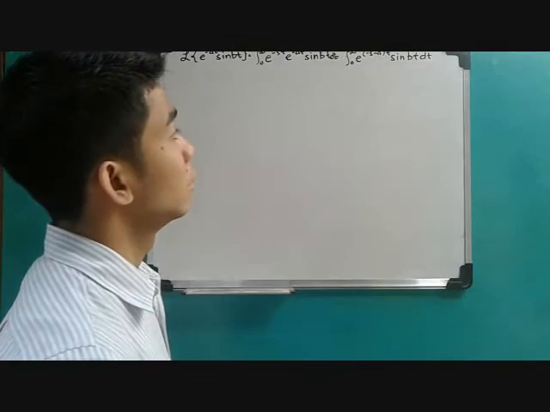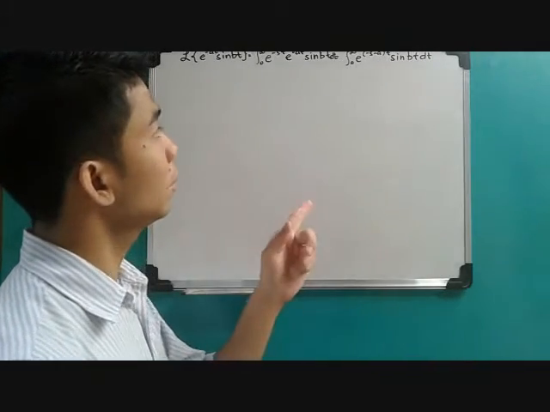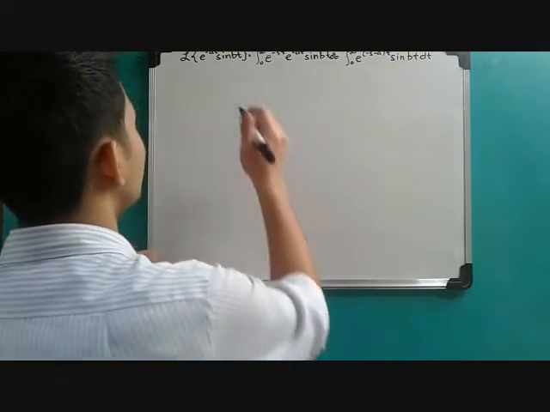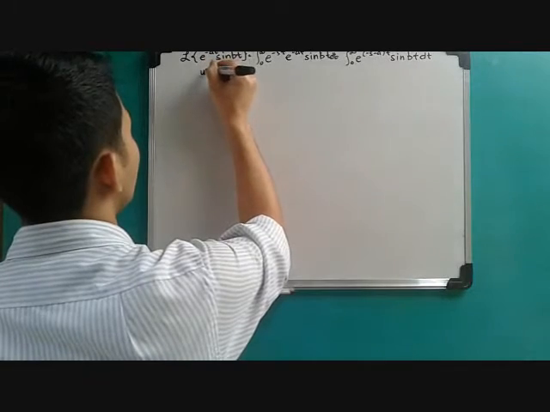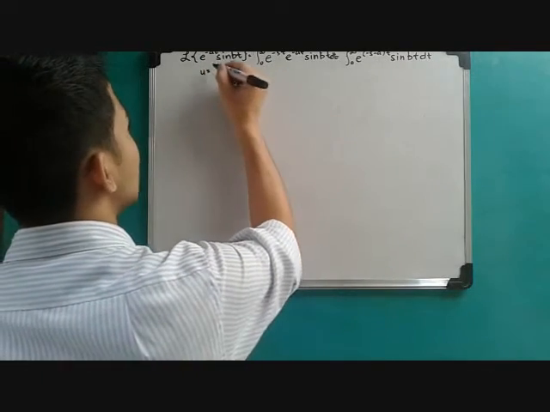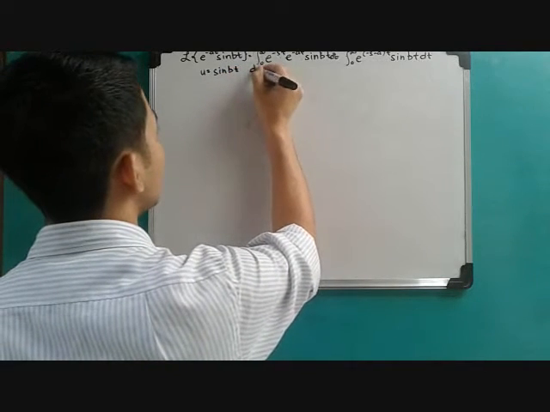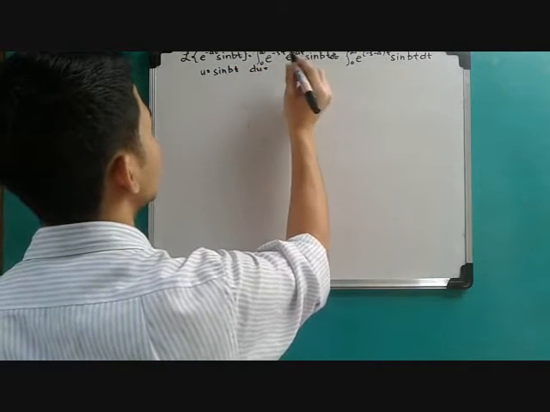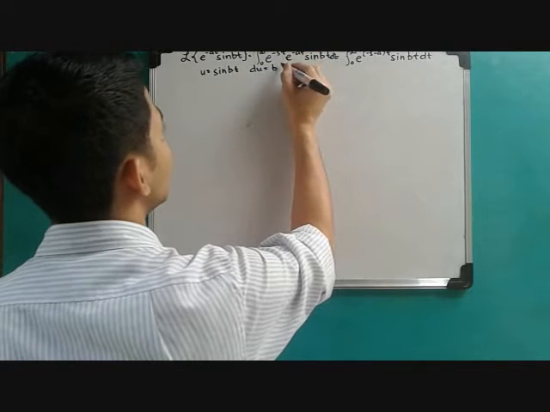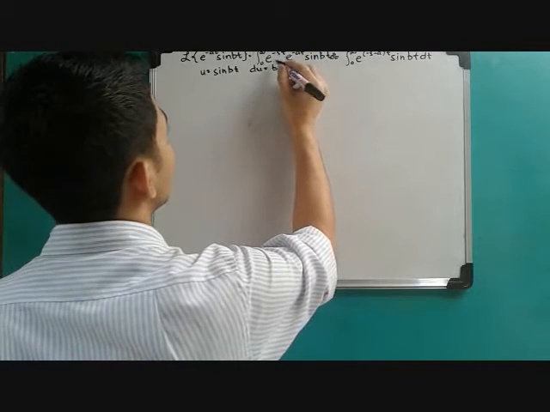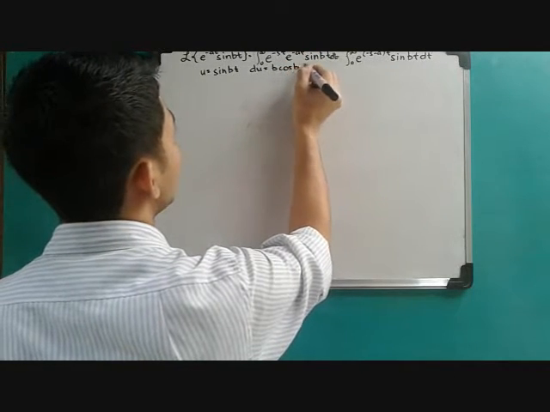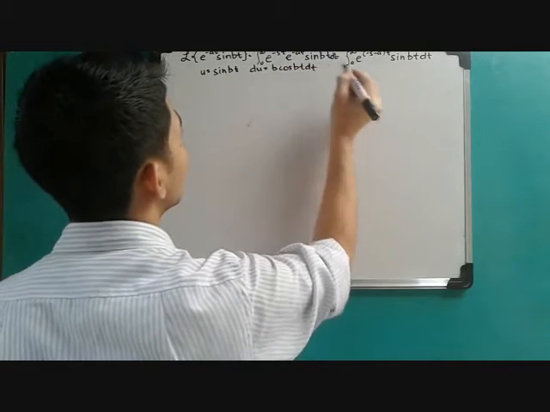So you will need to find u. u is equal to sine bt. The derivative of that is equal to b cosine bt dt.